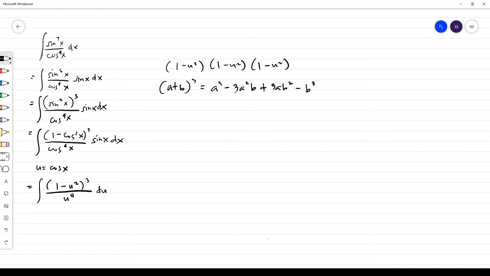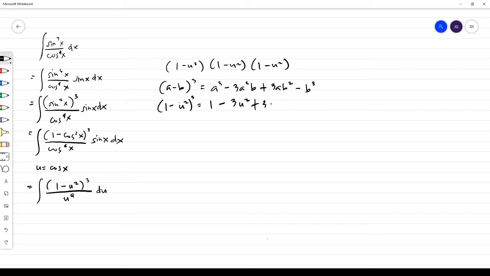Since our a here is 1, and this is a minus b, so we have a negative sign, and b is equivalent to u squared. You just have to substitute the values. So we have 1 raised to 3 is 1, then minus 3, then a is 1 again, so 1 raised to 2 is 1, then u squared.